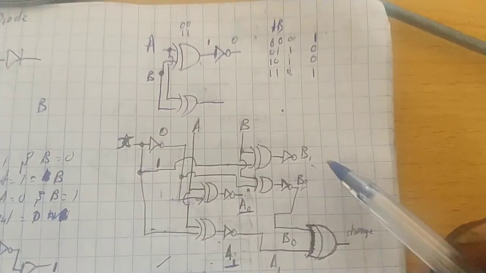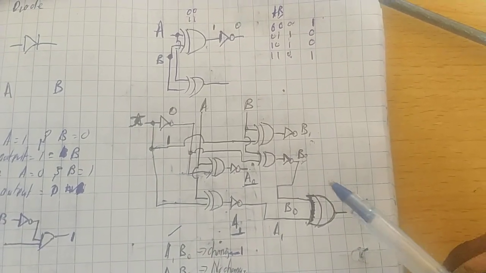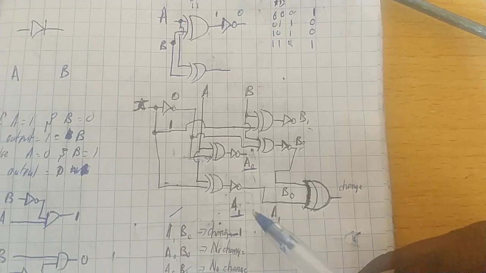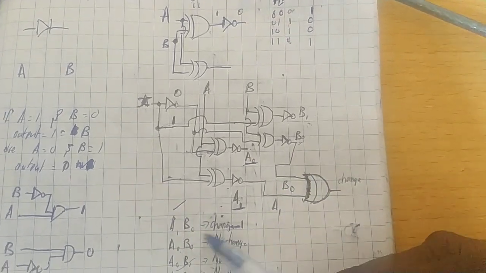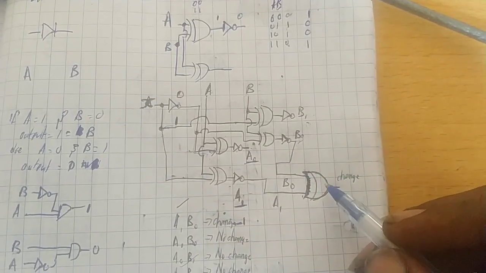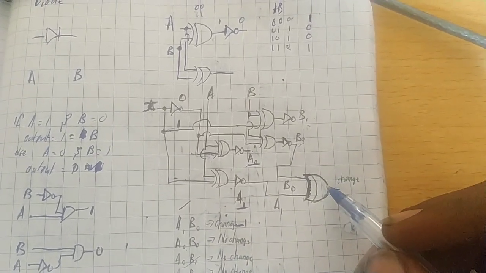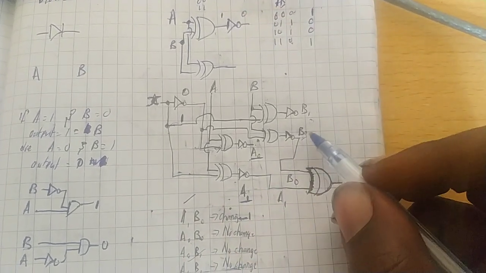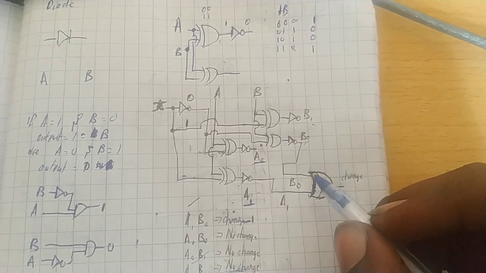So having that concept, I came here to signal A1 and B not, the one that I want. If this is true and this is true, I put them through an AND. So A is 1, that's true, and B is 0, that's another true. This is an AND gate.